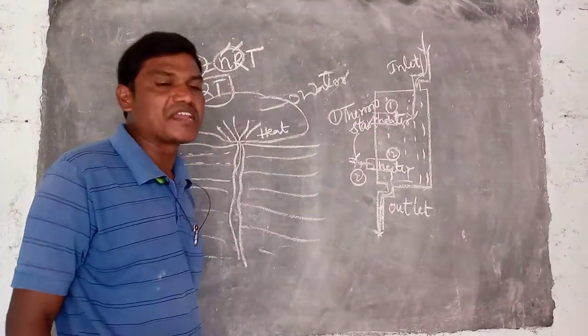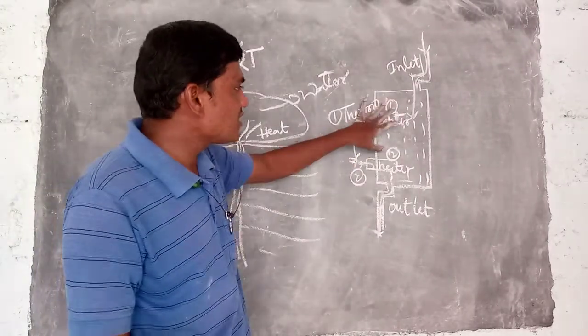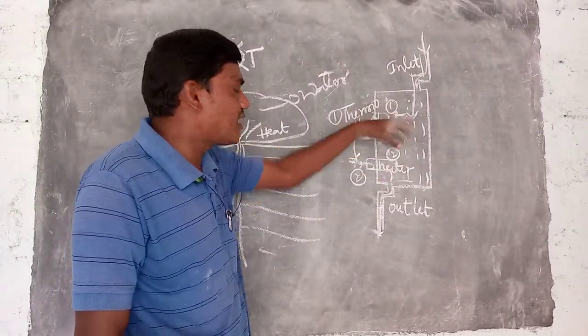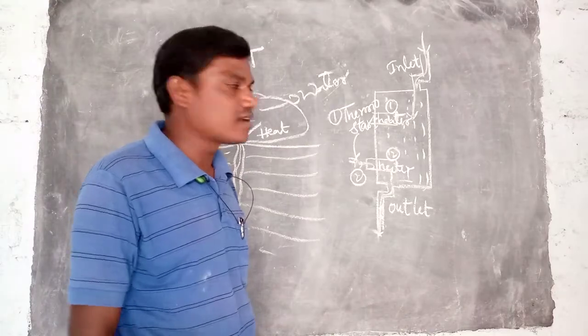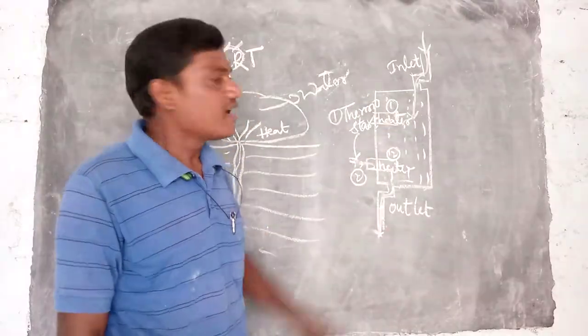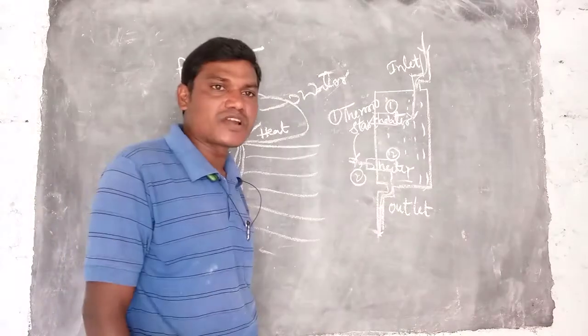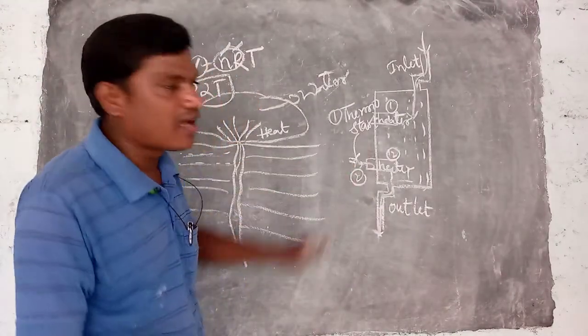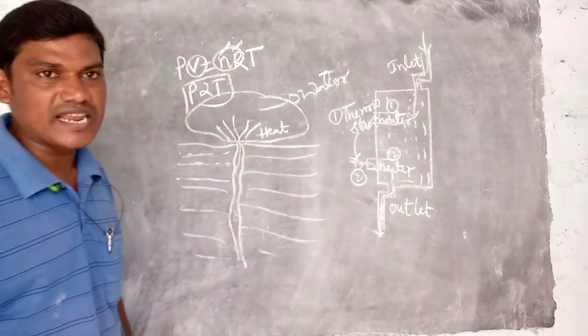When the temperature decreases, the thermostat automatically switches on, allows the current again, and the water is heated again. So this is the working method of the electrical geyser.